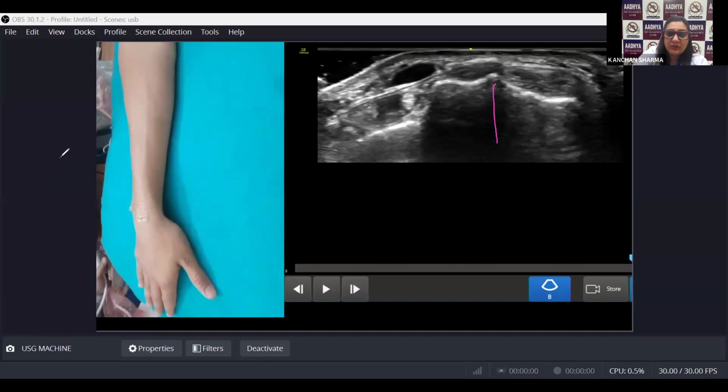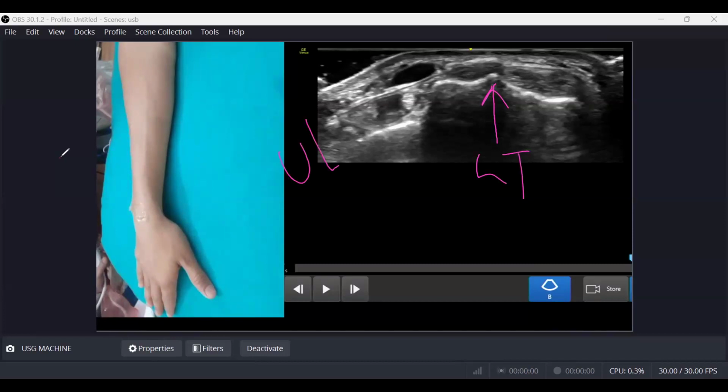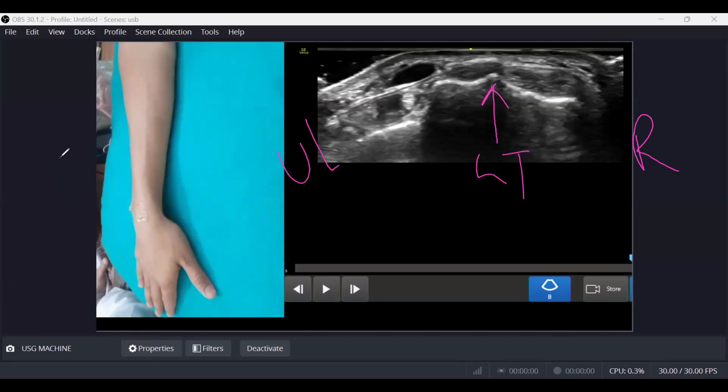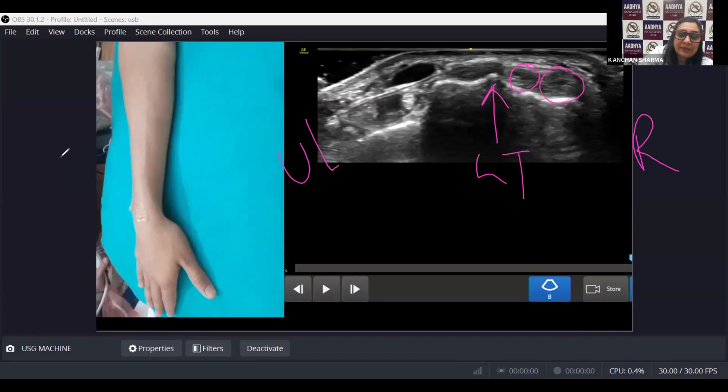Great. Could you tell me what else you are seeing? The second compartment. If this is your ulnar side and this is your radial side, which side to the Lister tubercle is the second compartment? To the radial side. Very good.